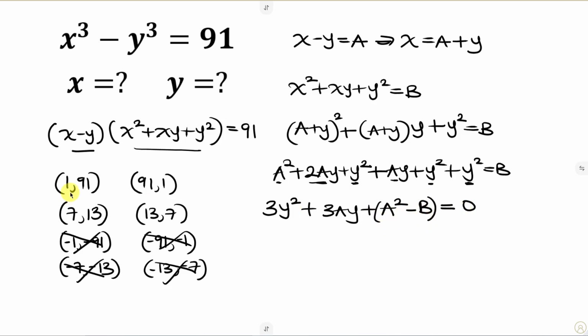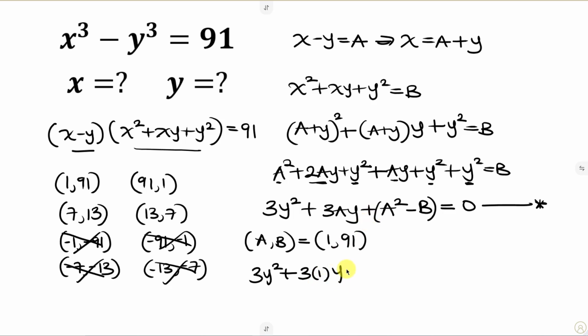Good. Now let's take our first factor, which is this. Now we are using a and b as the factors. Using the first factor, we have 1 and 91. That means our a is 1 and our b is 91. Let's substitute that into this equation. Now I'm going to be asterisking this because we're going to be using it more often. So we have 3y squared plus 3ay, that is 3 times a is 1, y, plus a squared, that will be 1 squared, minus b is 91, so 91, this is equal to 0.